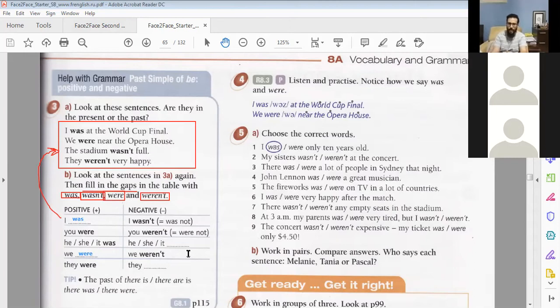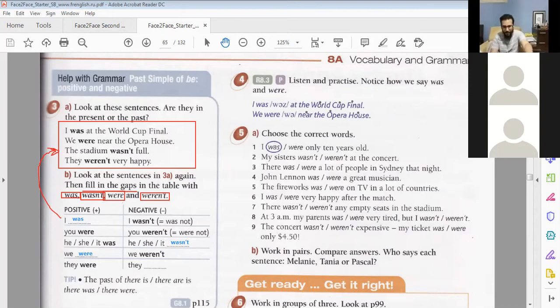All right, Manal, can you do the same thing for the negative, please? Can you read them and complete the gaps? Okay. He, she, it wasn't. Okay. They weren't. Very nice.